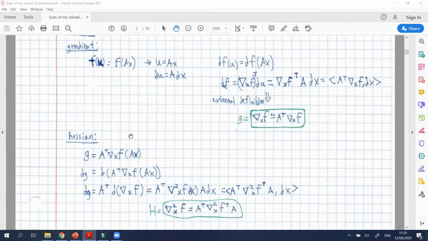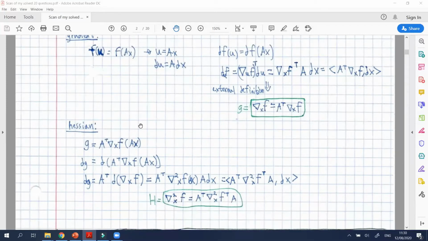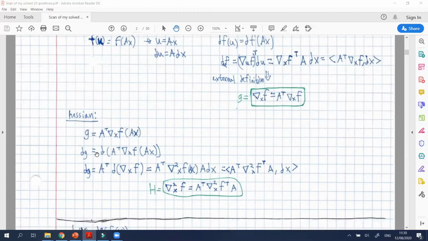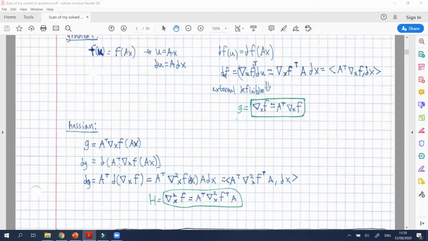Now we want the Hessian of this function. We use the gradient and we now find the differential of what we've just achieved. So the differential of A transpose gradient f at point Ax would be A transpose, which we do not need to differentiate because it doesn't have any connection to x, it's not dependent on x.